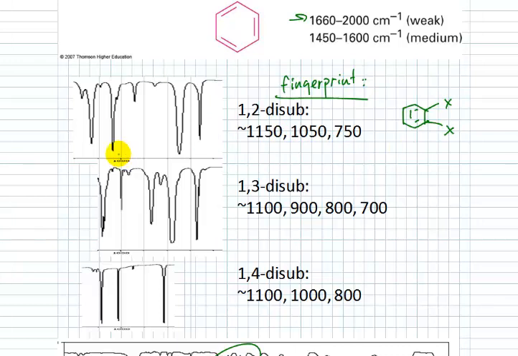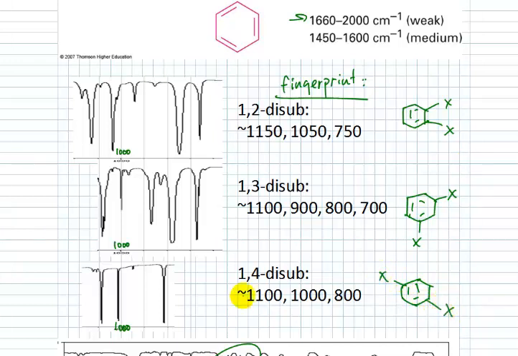So this is 1000 on all of them. It's a little hard to see, but 1,3 means there's one carbon between the substituents. 1,4 means they're opposite each other.